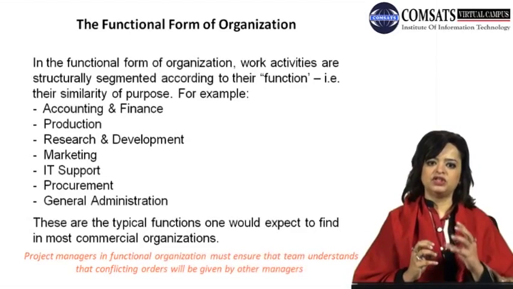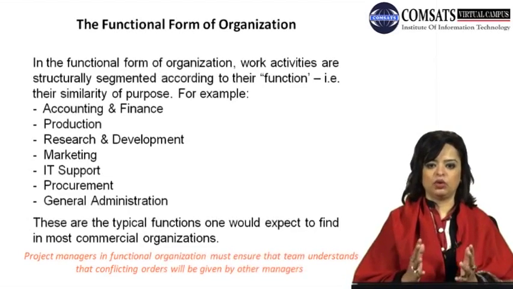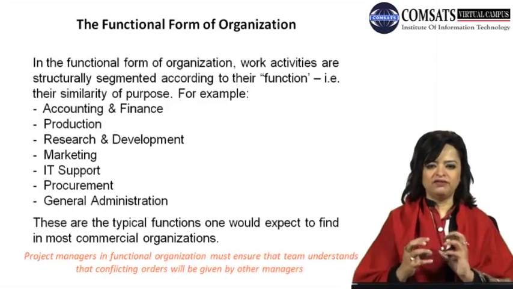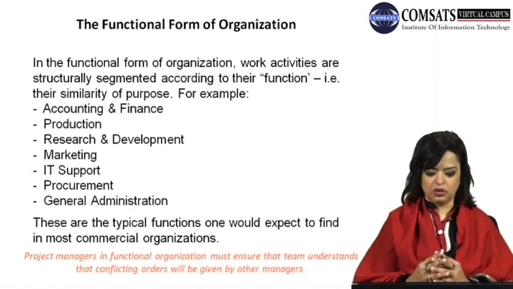So sometimes the functional managers also are giving undue pressure to this particular team member, saying, I don't really care about what other things you're doing. When I tell you to do something, I need the work done on time. So it's the conflicting orders which also makes the team situation very complex in a functional organization.